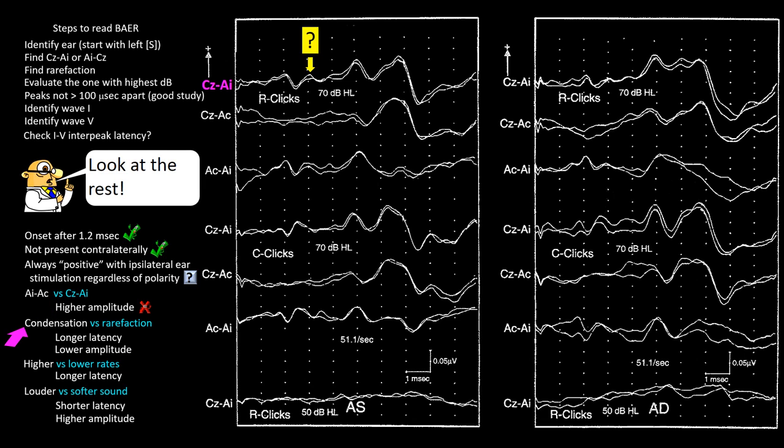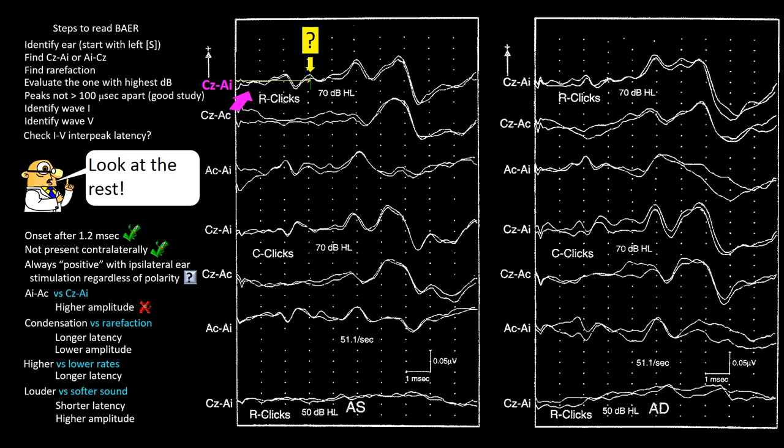Next, we look at condensation versus rarefaction. The latency of wave 1 obtained by condensation should be longer than the latency of the wave obtained by rarefaction.